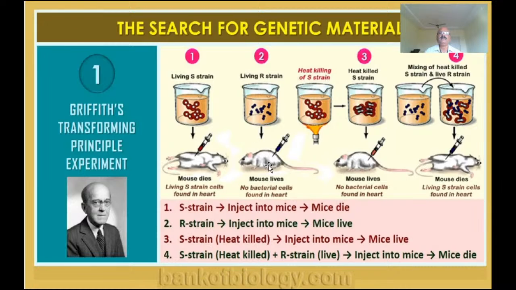Here, heat-killed S strain is injected and it does not cause any disease, because the heat-killed S strain does not cause pneumonia. Whereas here, the mixture of heat-killed S strain and living R strain, when injected into mice, the mice die.